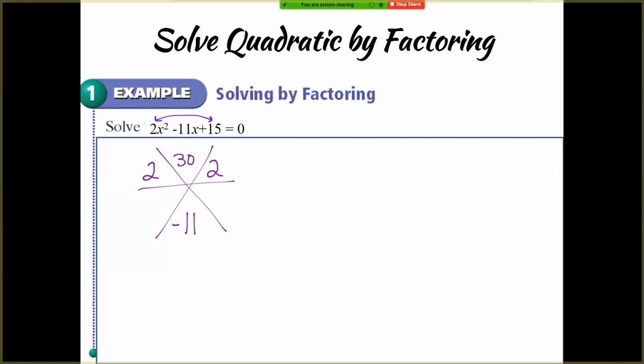So now to fill in the 2 spots, we have to find a number that multiplies to give me the top, but adds to give me the bottom. So I need 2 numbers that multiply to give me positive 30, but add to give me -11. -5 and -6. Perfect.